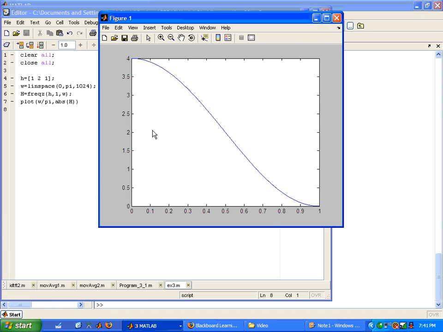All right, so now let's put a little bit of a real world example into play. Let's say I've got a continuous signal at 2 kilohertz, sampled at 8 kilohertz.